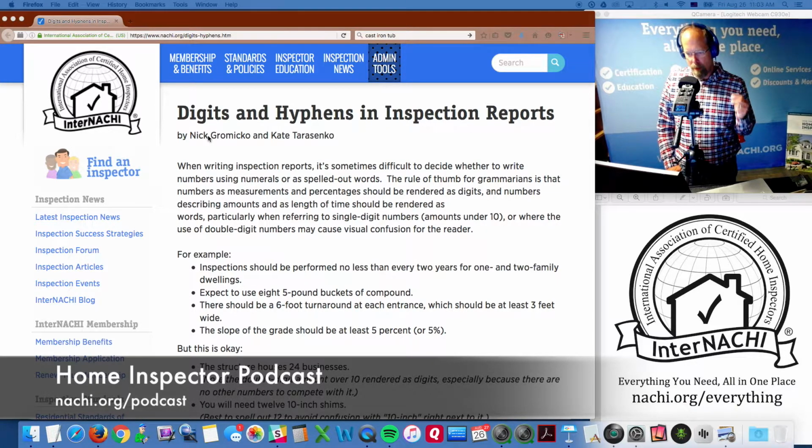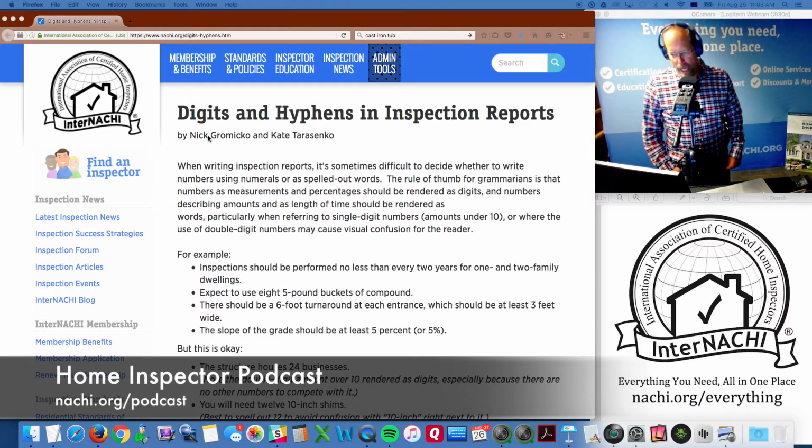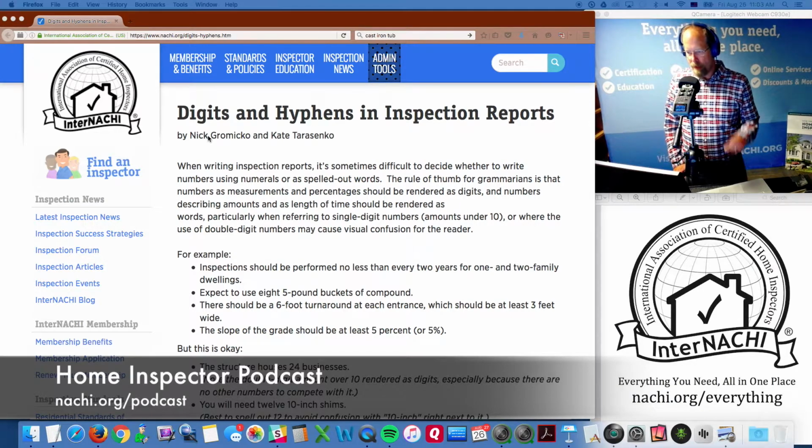And numbers used as percentages, such as 50% of the makeup air, or the slope of the grade should be 10%. Measurements and percentages should be rendered in your home inspection reports as digits, the actual number, right? And numbers describing the amounts and length of time should be rendered as words.